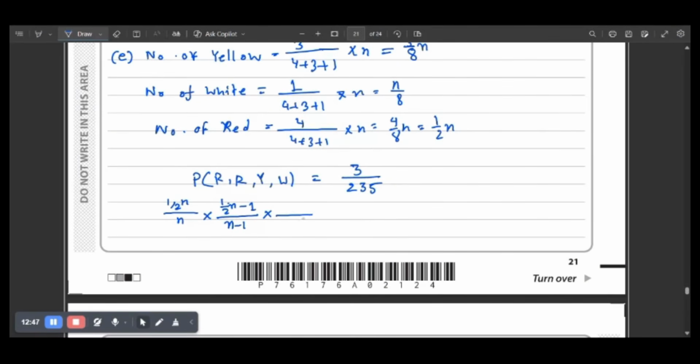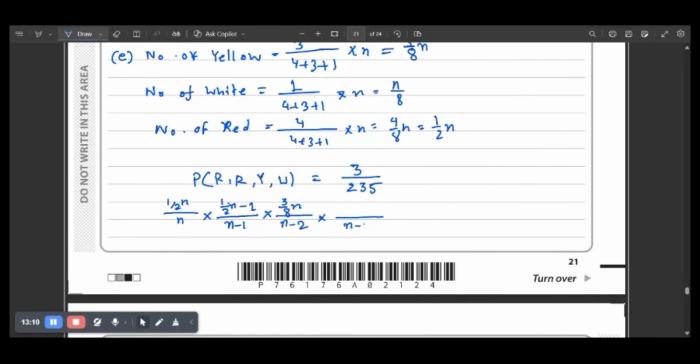Next, we will multiply the probability of choosing a yellow bead, but as a third bead. The number of yellow beads will be equal to 1 by 8n, and the total number of beads will decrease 1 further, so it will be n minus 2. Next, we will multiply the probability of choosing a white one.